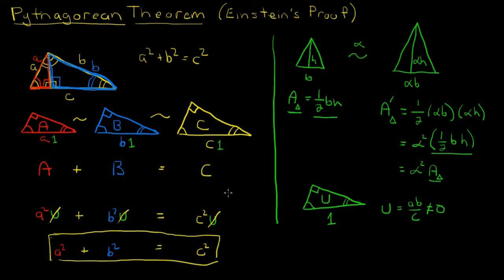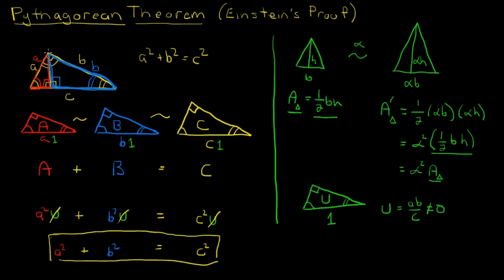The reason why the Pythagorean theorem is true is because you can take a triangle with a right angle and divide it into two similar triangles. The key thing is that this is only possible when you have a right triangle. You can try it with an obtuse triangle, you can try it with an acute triangle, it won't work.